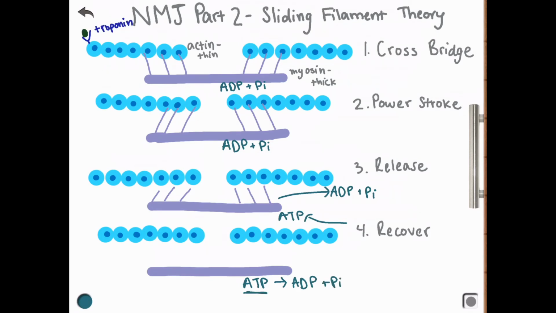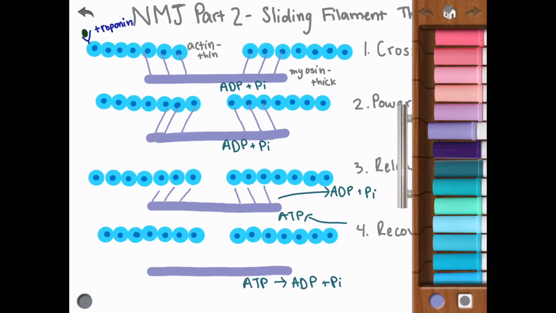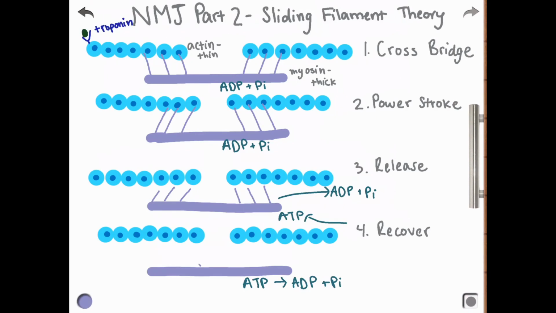Once ATP has been phosphorylated, that just means that we're going to kick off one phosphate group. So it goes from ATP to ADP and a loose phosphate group. These myosin heads are able to swing back into that other position, which allows them to pull again. And this process is going to happen over and over again. That's what allows a muscle cell to contract.